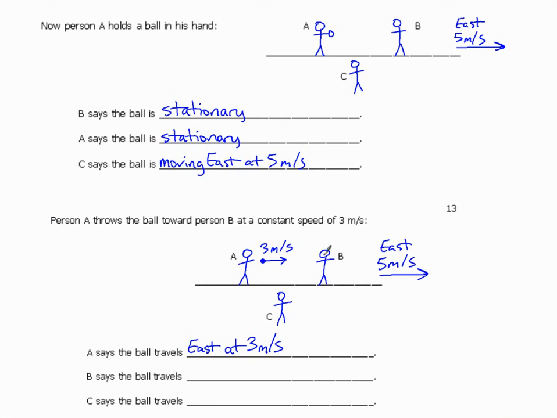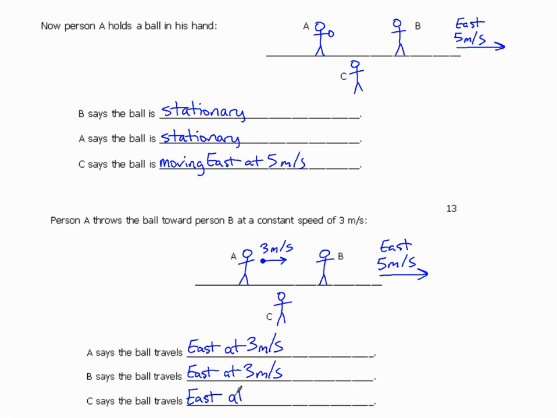Person B, the ball is coming towards them, would also say that the ball is moving east at 3 meters per second. Person C, who is standing on the side watching this train go by, says that the ball is traveling east. Okay, that one makes sense. They see the ball moving at 3 meters per second, and they see the train moving at 5 meters per second.